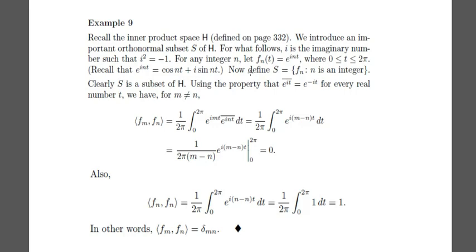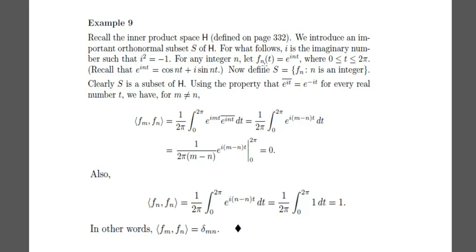Now for any integer n, f_n(t) is defined as e to the power i n t, t lying between 0 and 2 pi. Also recall that e raised to power i n t is cos n t plus i sin n t. Define S as {f_n}, where n is an integer. Clearly S is a subset of H.